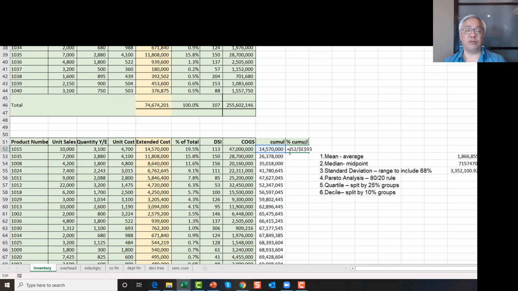Notice that the numerator, I-52, we're leaving alone as a relative, so as we move down, it'll move. As we move down, it'll increment down to row 54, 55, etc. And yet the next factor, the denominator, will not move. So we'll do this. Oh, there's an interesting number right there. 20% of the entire inventory value is held in one product number. All right, we'll just continue this down.